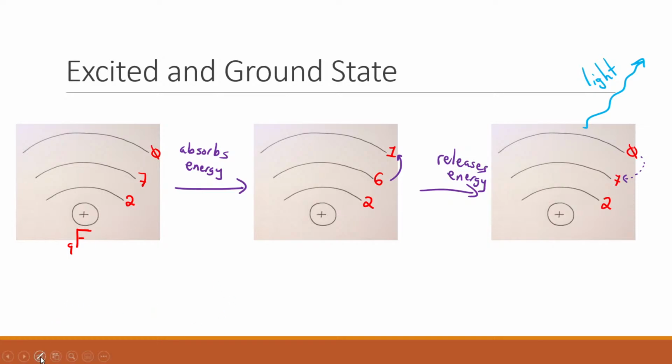Now, the words that we use for these are excited and ground state. The regular electron configuration, the one that you get off the periodic table, is called the ground state. Which means that we start and we end in the ground state.